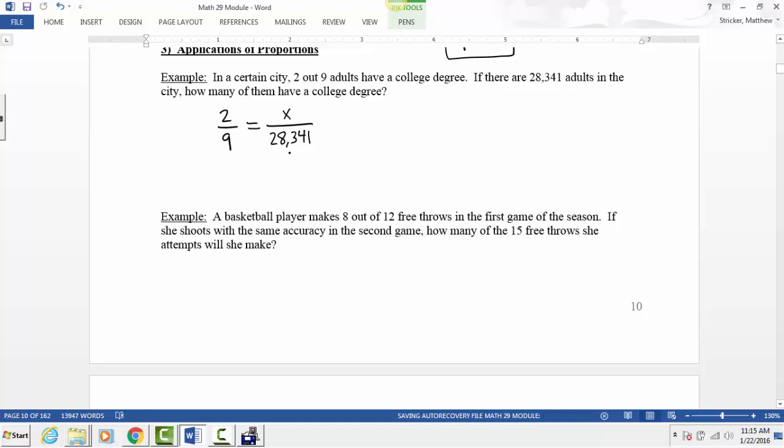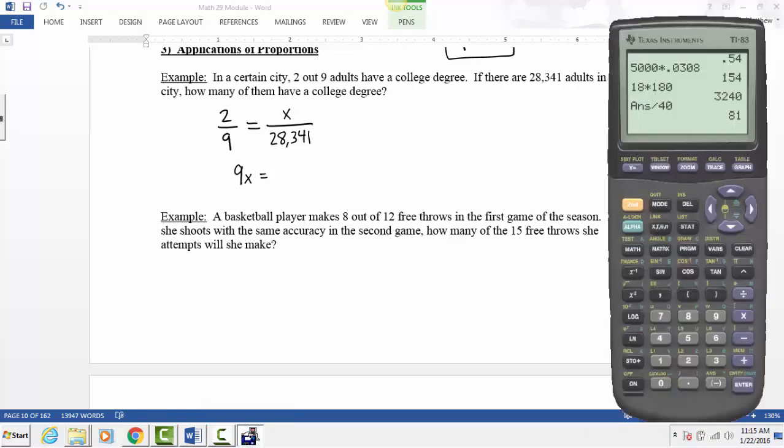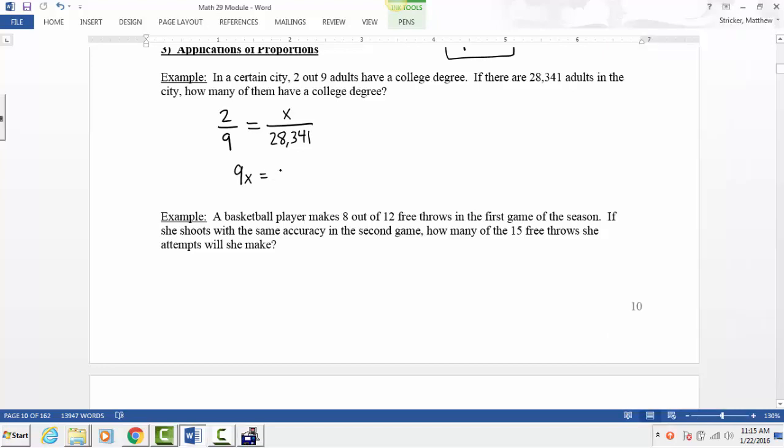But we're going to solve the same way we just did. So we're going to cross multiply. We're going to take 9 times x. That has to be equal to 28,341 times 2, that's 56,682.